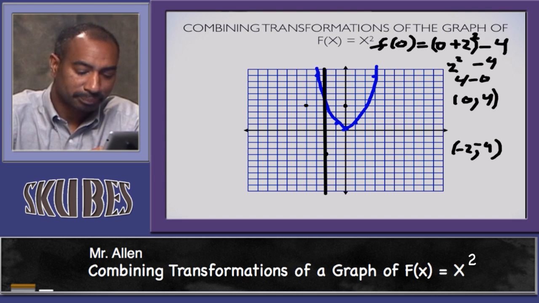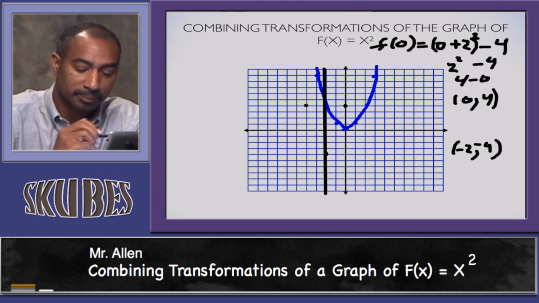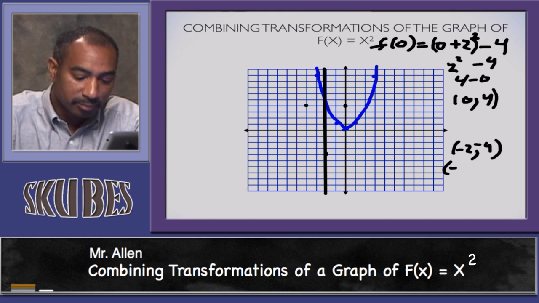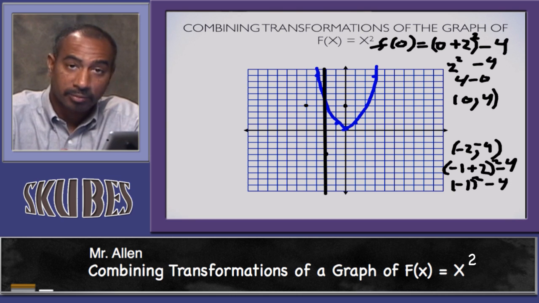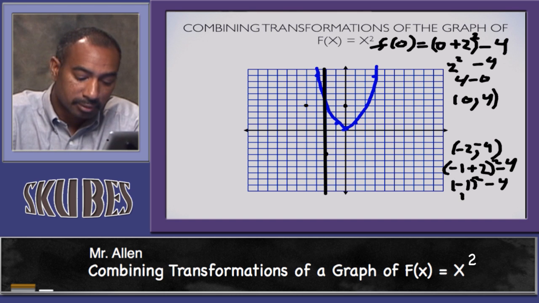Let's try one more point. Let's try x equals -1. There's -1 here. So we have (-1 plus 2) squared minus 4. That gives us 1 squared minus 4. 1 squared is 1, so 1 minus 4 gives us -3.